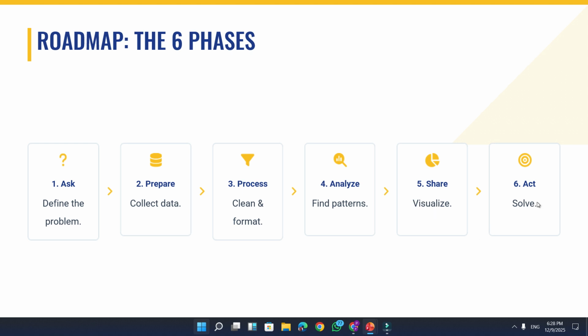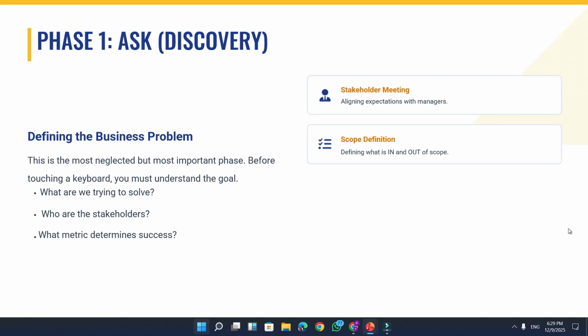And the last one is to act. The purpose of analyzing data is to lead decisions. So this is the last stage, deciding. Let us start with the first one, which is discovery or ask, or the business question, the business problem.